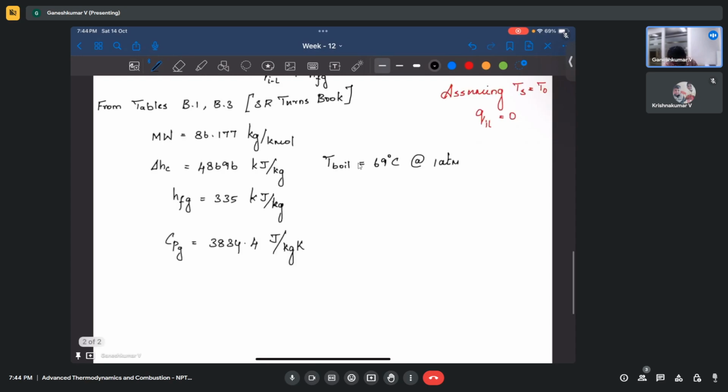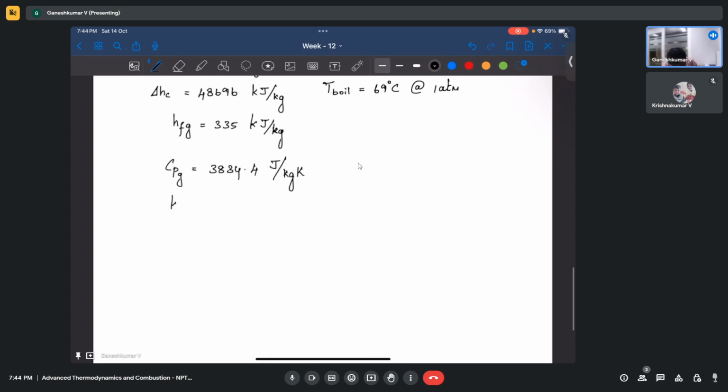Also kg is from the same table. Kg is 0.135 watt per meter Kelvin. It's nothing but the thermal conductivity of the gas phase fuel.